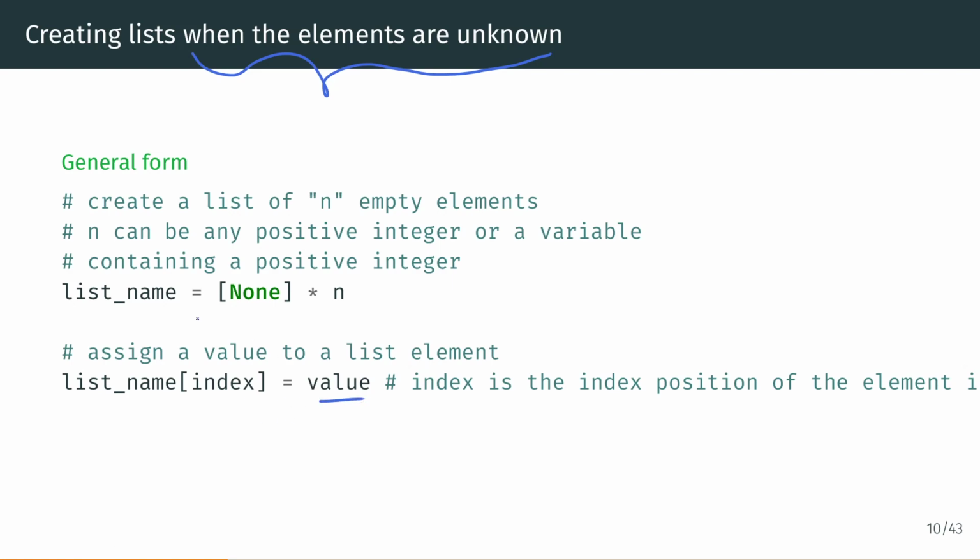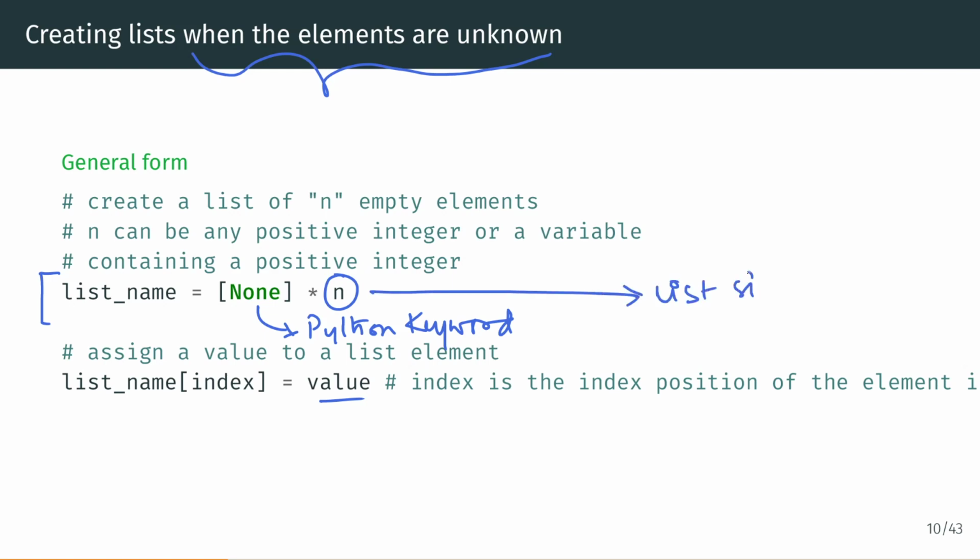The general form to create an empty list is: the name of the list equals, within square brackets, None, which is a Python keyword, times n, where n is the size of the list.